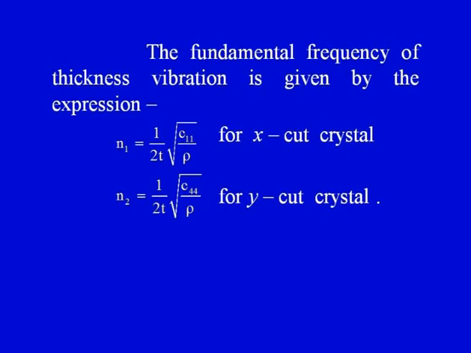The fundamental frequency of thickness vibrations is given by the expression: frequency is given by 1 over 2t square root of C11 by rho for X cut crystals, and the frequency is given by 1 by 2t square root of C44 by rho for Y cut crystals.